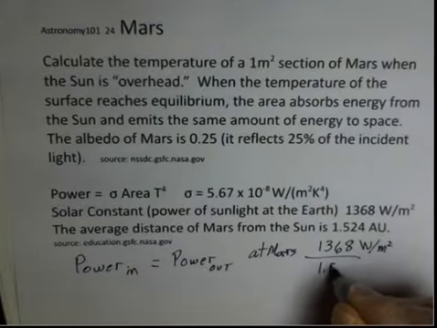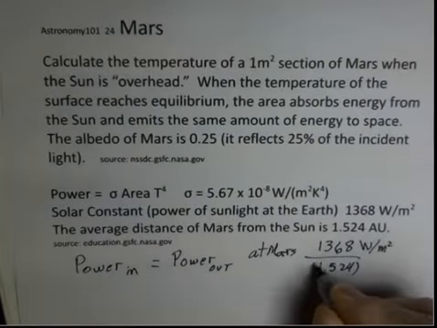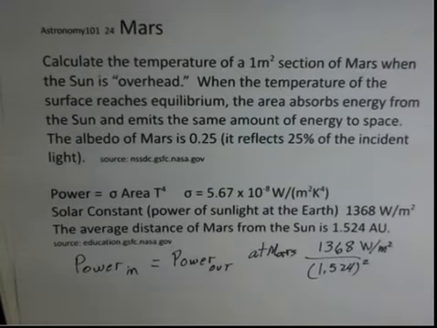So 1.524 squared. I think you would agree that being further from the Sun, there's not going to be as much power available. The total power output of the Sun is shining over an imaginary sphere around the Sun. And if the sphere is bigger, then that fixed amount of power coming out of the Sun is divided by a bigger number of square meters.